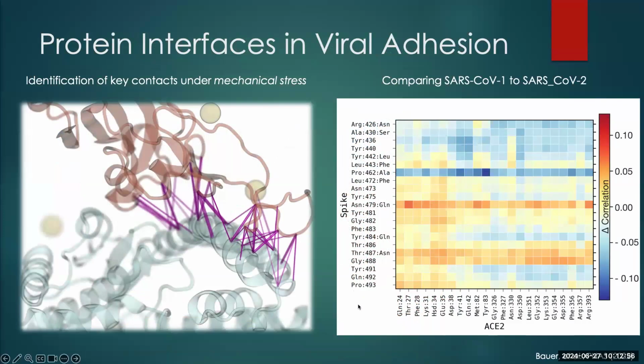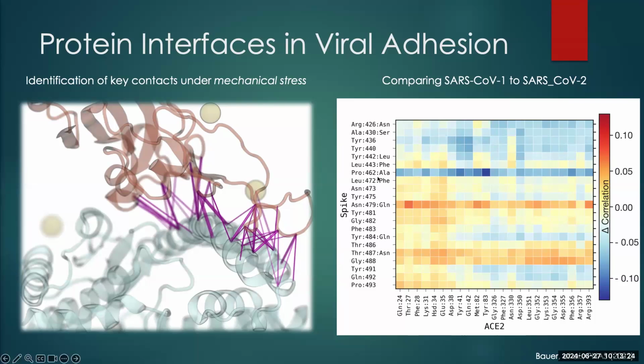With this, we're comparing the correlations between the two strains, the old one and the current one. We can see that some mutations that happen along the way really affect how correlated the motion is between residues across that interface. So somehow over evolution, the RBD changed and the mutations caused that interface to become more stable.